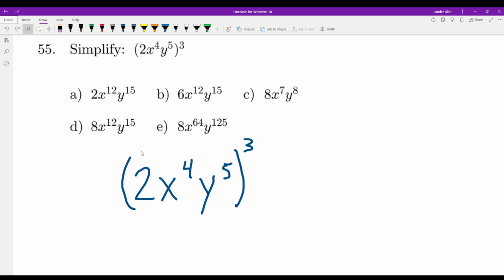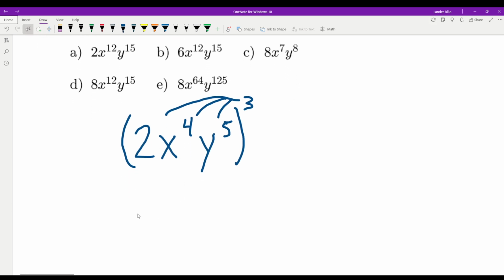The base is all of this to the power 3, since there are brackets. And since there's only multiplication or division inside, we are allowed to distribute to all of these terms, values, and variables.